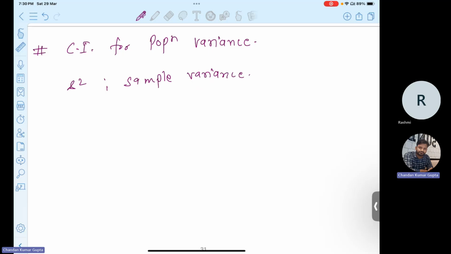Okay, having a sample of size n, we need to construct the 1 minus alpha 100% confidence interval for the variance.